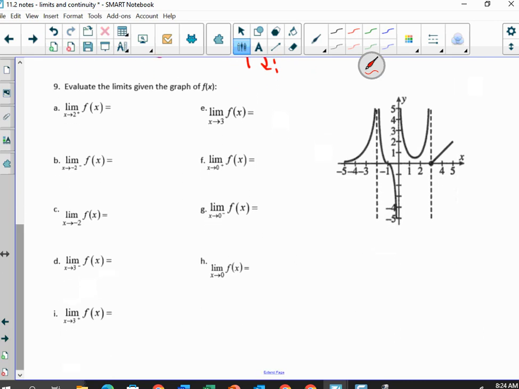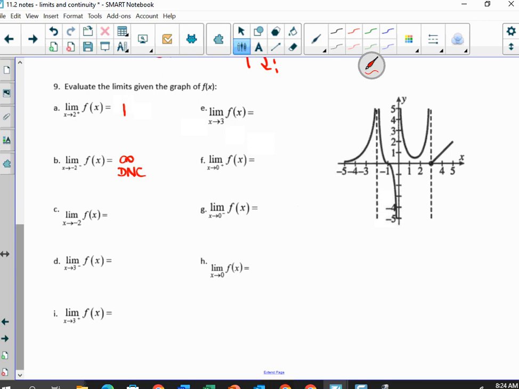What did you get for A? 1. It's kind of hard to see exactly where on the graph, but I think that's 1. What did you get for B? That's negative 2 from the left. Negative infinity, does not exist.